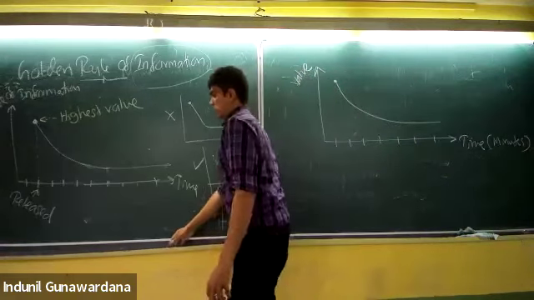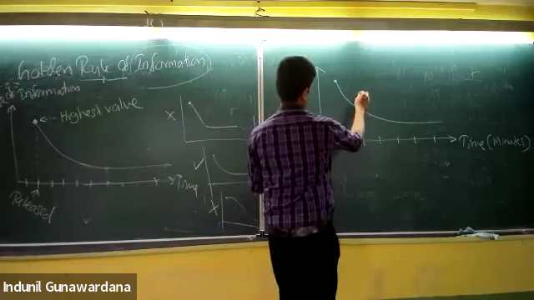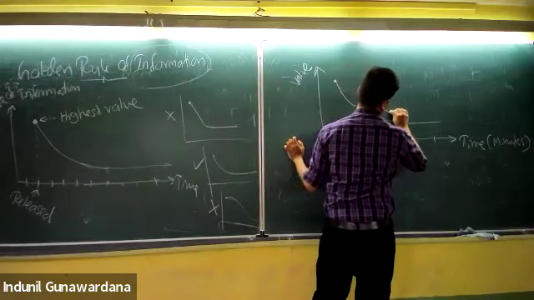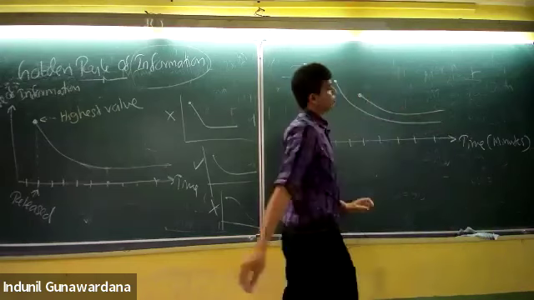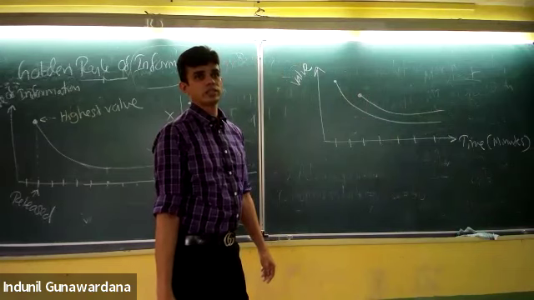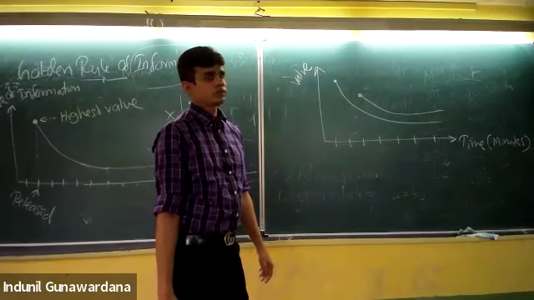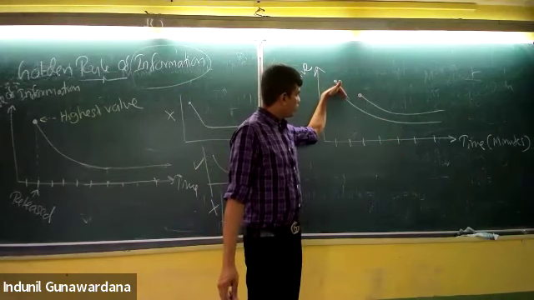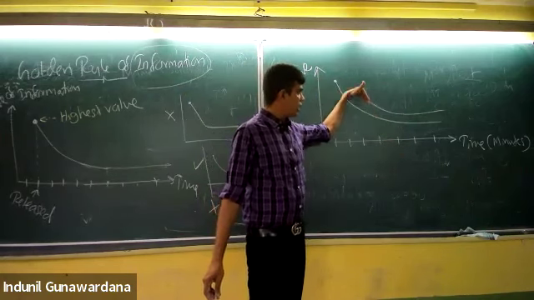What does this represent? This is Y, this is minutes. We have the white line and the red line.